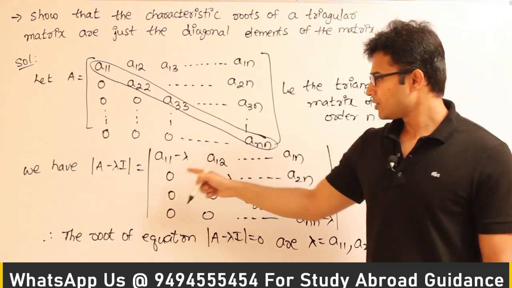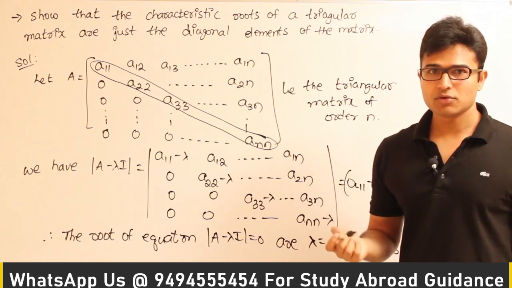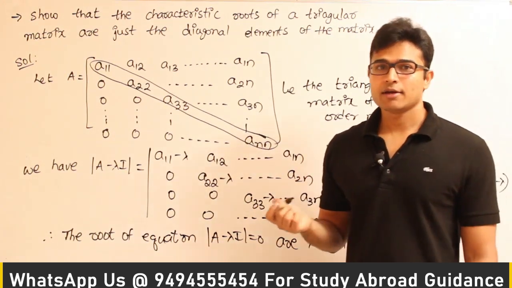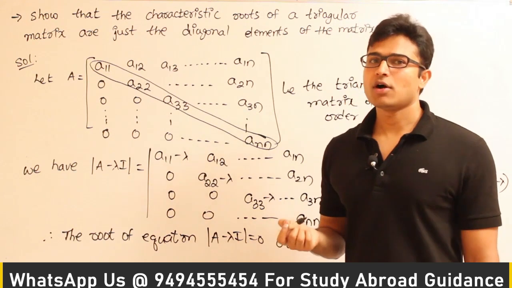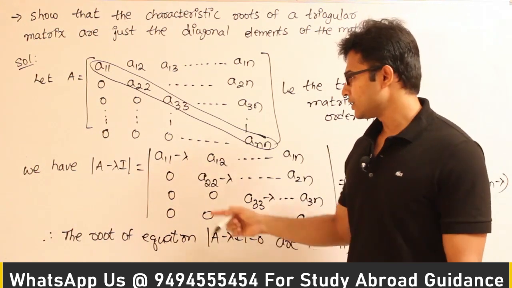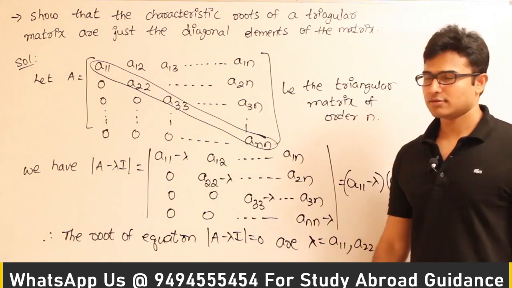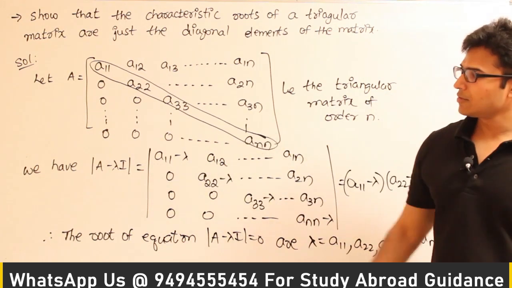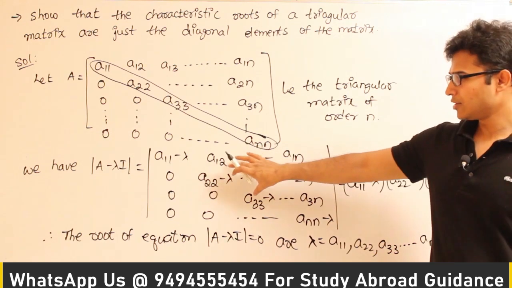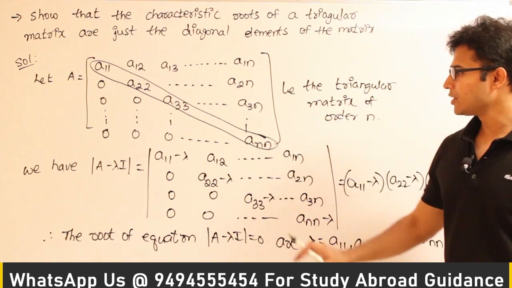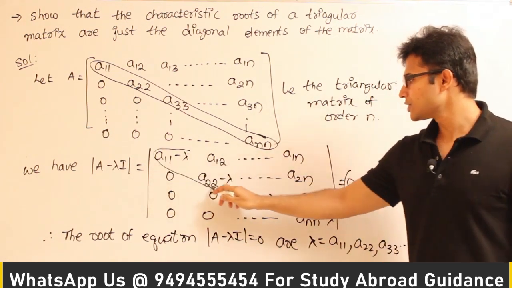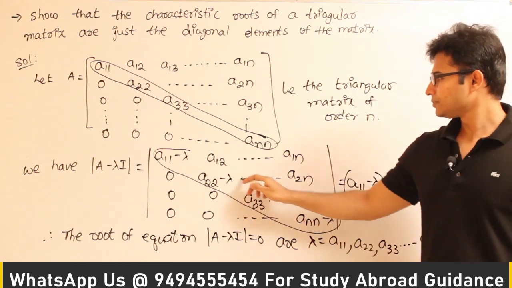Now I want to find out the determinant of this, and we already know that the determinant of any triangular matrix is nothing but the product of all the elements across the principal diagonal, isn't it? So the determinant of A minus lambda I is nothing but the product of all these elements across the principal diagonal.